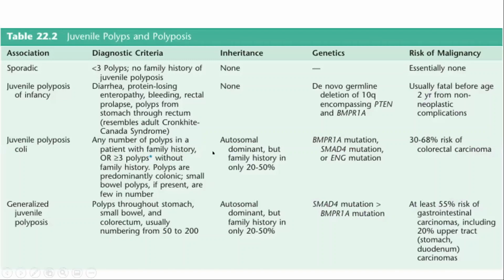This is just to show you sporadic juvenile polyp and juvenile polyposis syndrome. I think you can read on this. As mentioned, for sporadic, the risk of malignancy is essentially none, but polyposis syndrome carries a risk of malignancy.